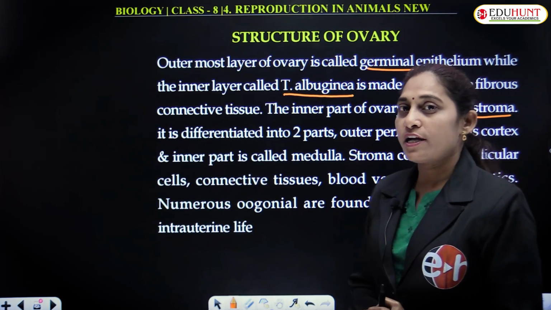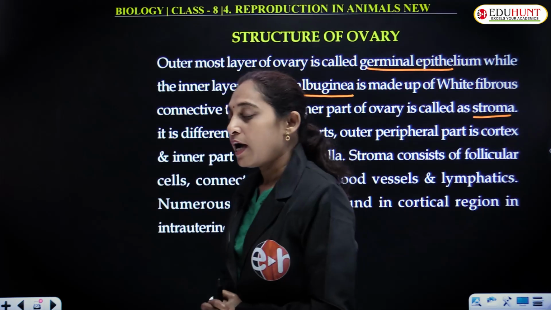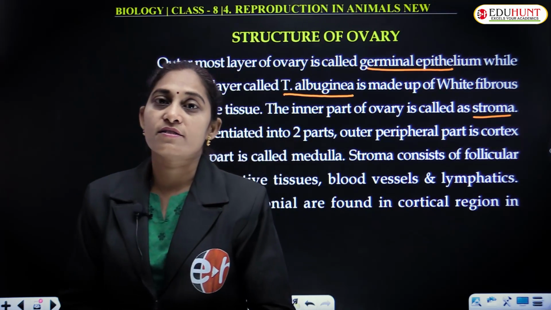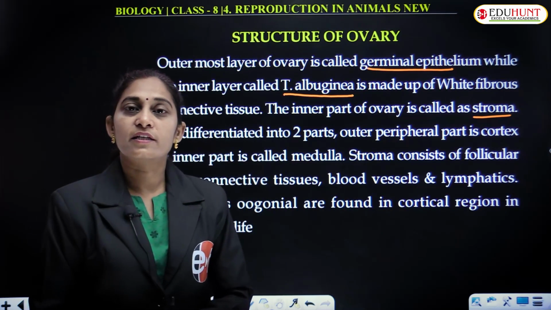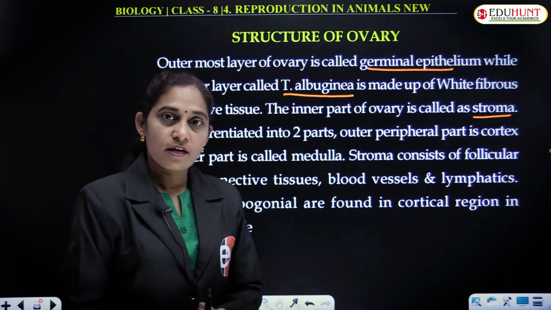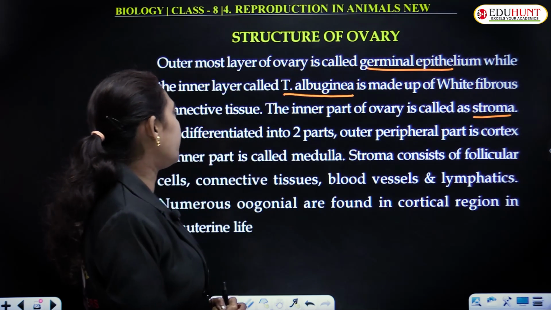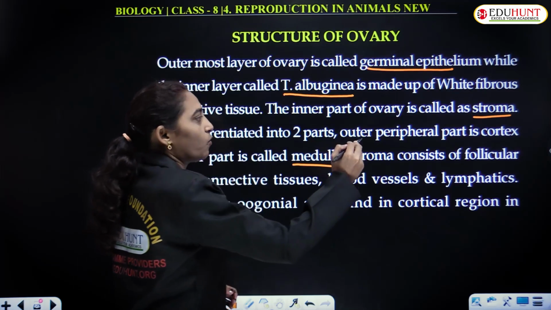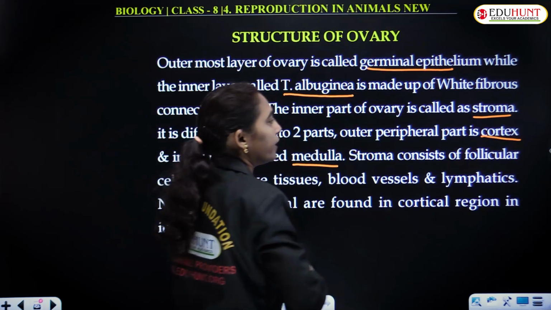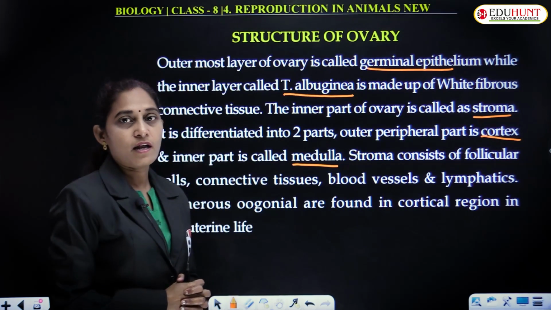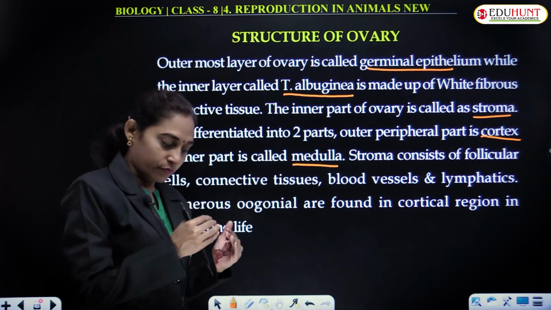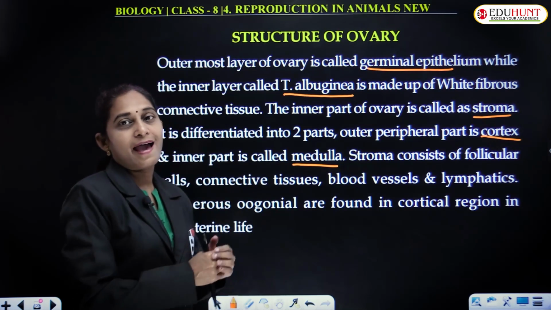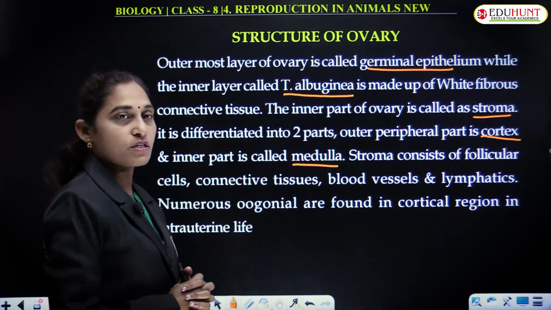It is differentiated into outer and inner regions. The outer region is called the cortex, and the inner or middle portion is known as the medulla: the peripheral cortex of the stroma and the inner medulla of the stroma.